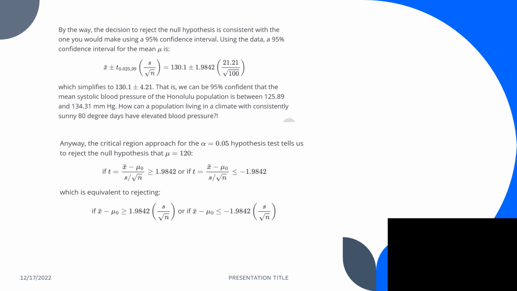That is, we can be 95% confident that the mean systolic blood pressure of the Honolulu population is between 125.89 and 134.31 mmHg. So how can a population living in a climate with consistently 80-degree weather have elevated blood pressure?